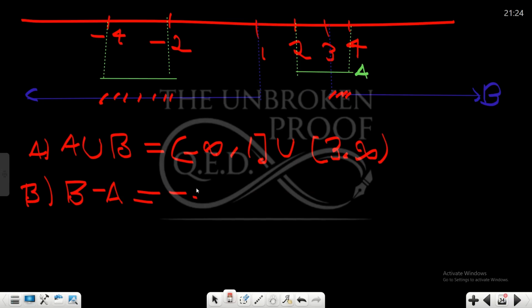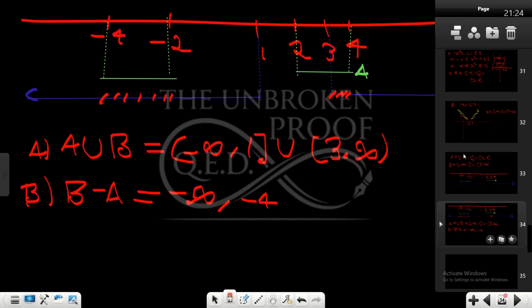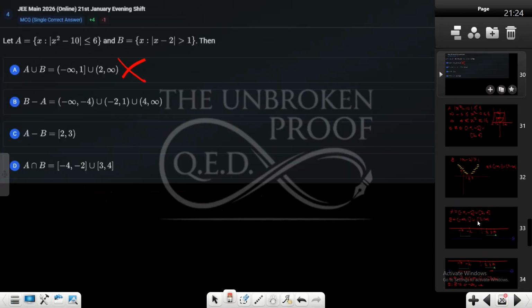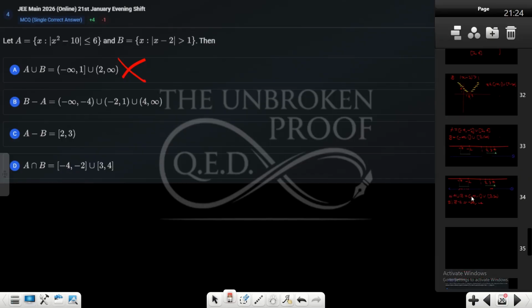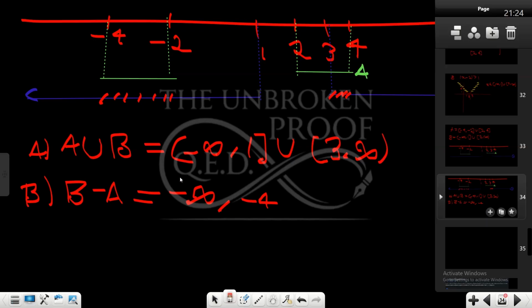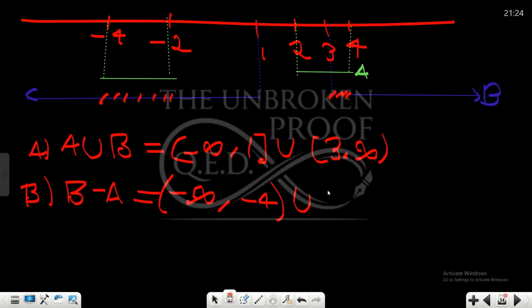So B minus A will be minus infinity to minus 4 union minus 2 to 1 as well, right? Minus 2 to 1. Since we are removing minus 4 as well, we should not include minus 4 and minus 2, and then we will have 4 to infinity. So this is option B.